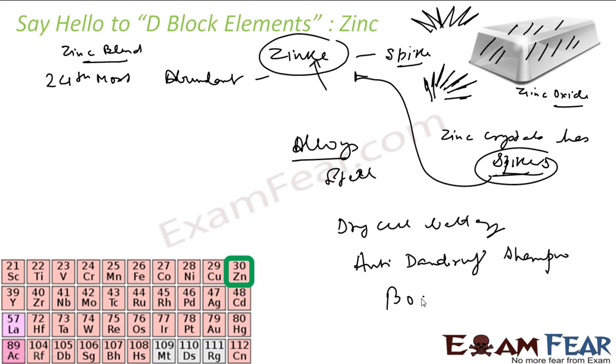Our body needs zinc. So zinc has huge application that we have seen in our day-to-day life. Zinc is a pretty useful element. It is silvery gray in color and it forms a protective layer when it reacts with oxygen, which helps prevent further oxidation of zinc.